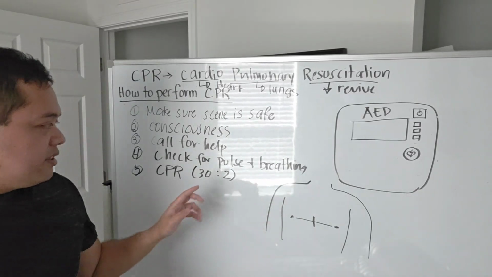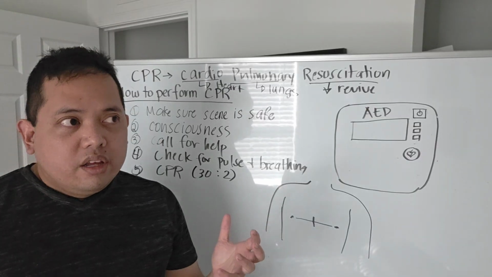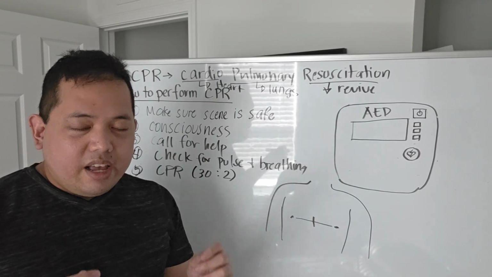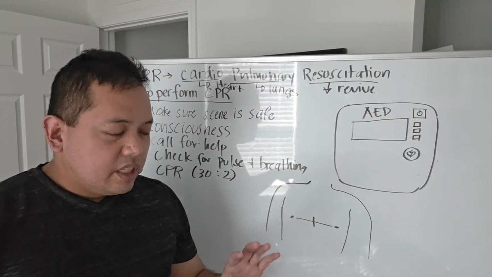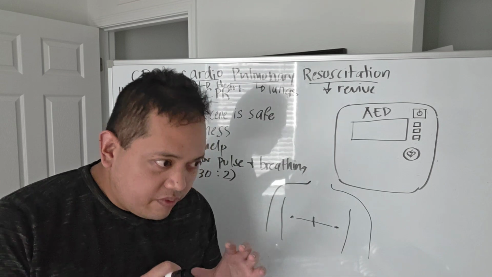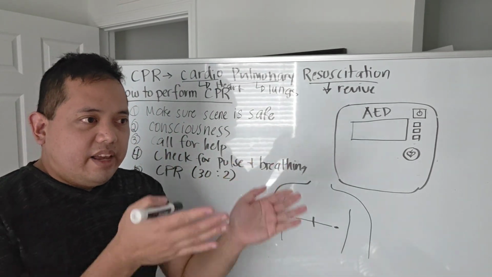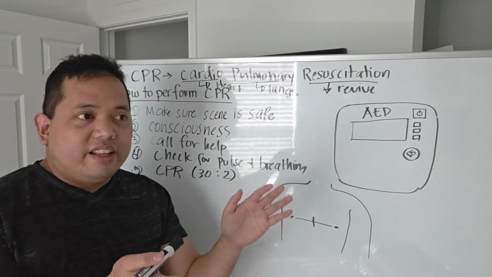And then after 30 compressions, right, you're gonna have to deliver 2 breaths. Some people don't want to do actual mouth to mouth. They have a bag that they can put over the person's lips, and then they deliver the breath. Whenever you're delivering a breath, you have to tilt the head. The maneuver is called head tilt, chin lift.